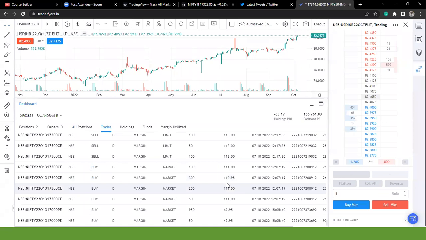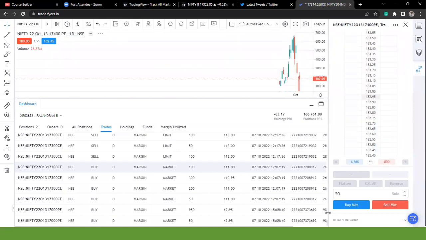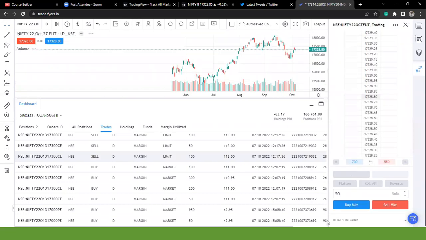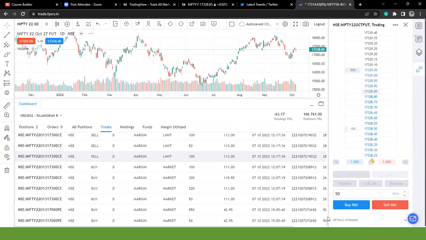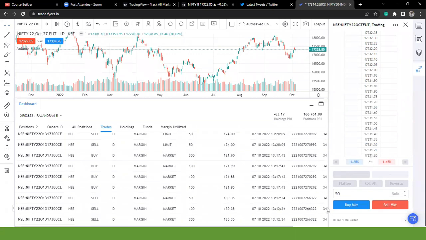Like I'm buying at 11, giving at 12, 13, and then again I re-entered. Again, I was re-entering at 128, giving at 130. Again, 121, I'm entering 124.